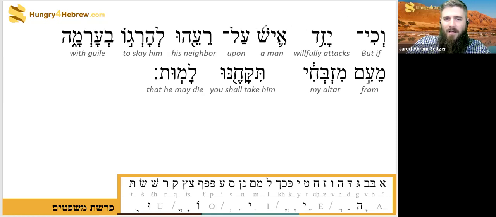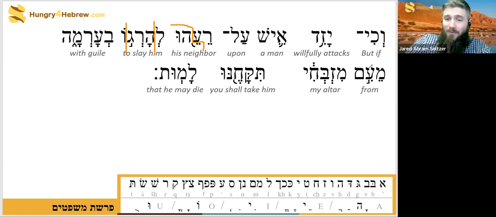If a man willfully attacks his rea, his friend, fellow, lehorgo, to harag, to slay, kill him, ve'orma, so here we get the root for guile. This would be similar to the pattern for the word wisdom, chochma, orma, me'im mizbechi, from, with, meaning he's like attached to even God's altar. He's like, you can't kill me. I'm on the altar. You wouldn't want to defile the altar, would you?